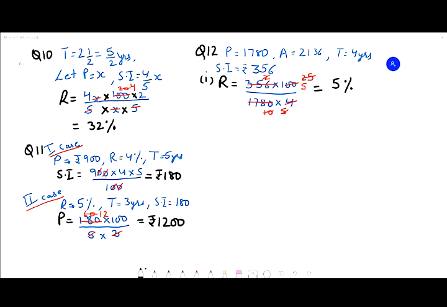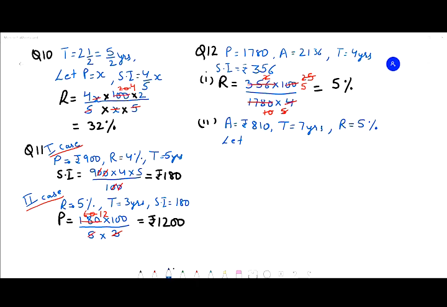Now coming to the second part. They're asking the sum will become the amount of 810. The amount is given to us, that is 810 times 7 years at the same rate of interest. The rate we have took out, that is 5%. Now there is no SI and no principal.